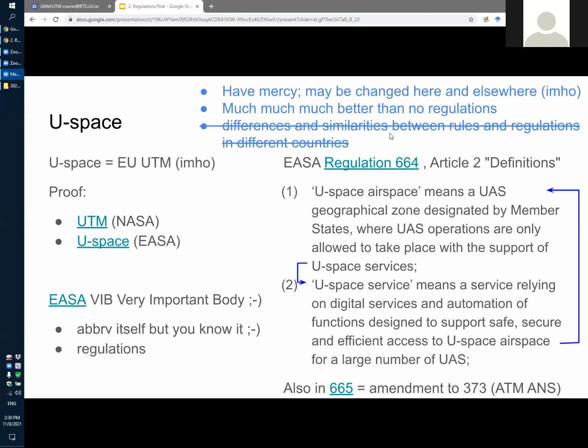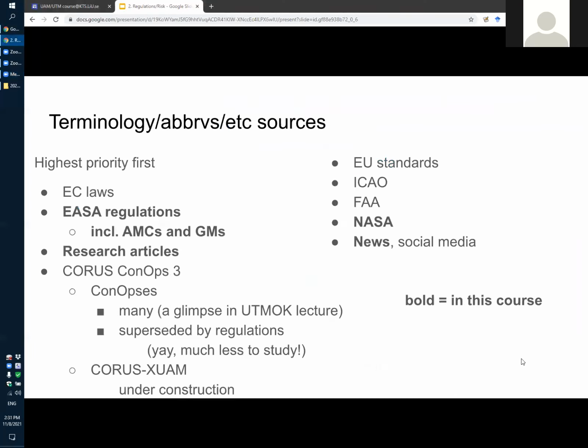But for the course, using EASA regulations, using European rules, is perfectly fine. So it's very good timing for the course, or I would say for the regulations. We now know what to study.